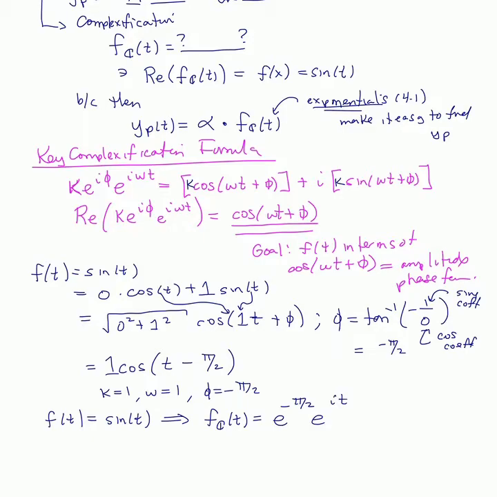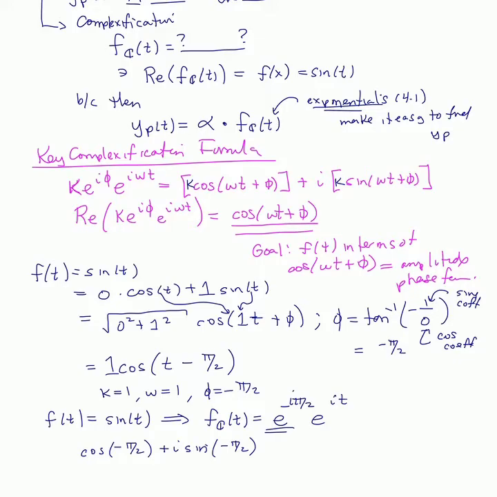Notice here, I'm sorry, this is e to the negative i pi over 2. You'll remember that e to the i anything is the cosine of anything plus i times the sine of anything.